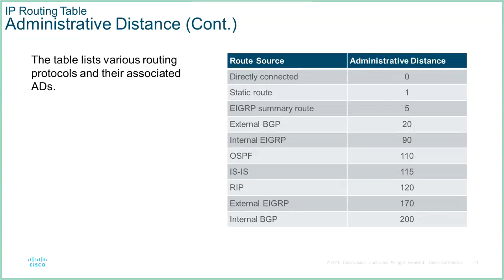I'll trust OSPF over RIP any day, because RIP only counts the hops to the destination. OSPF counts the links, how much bandwidth I have, what is the fastest path to get me to the destination, not what is the shortest in hops.